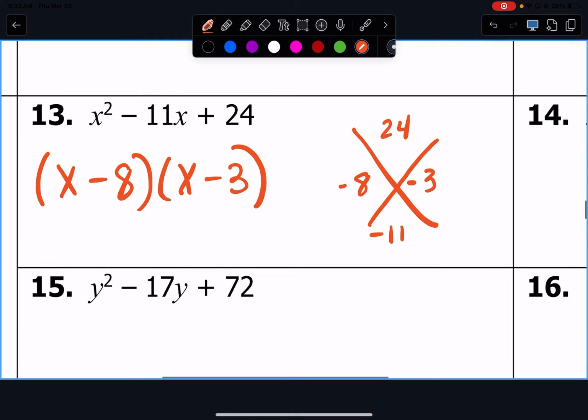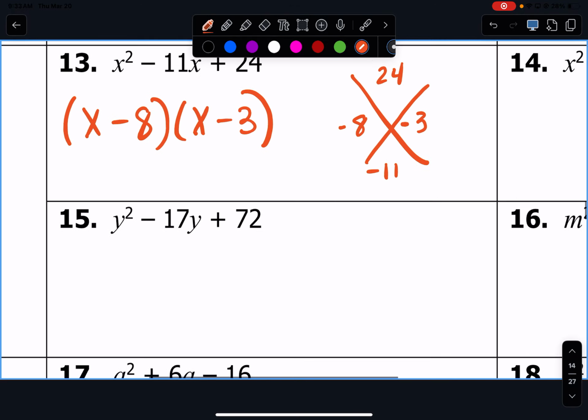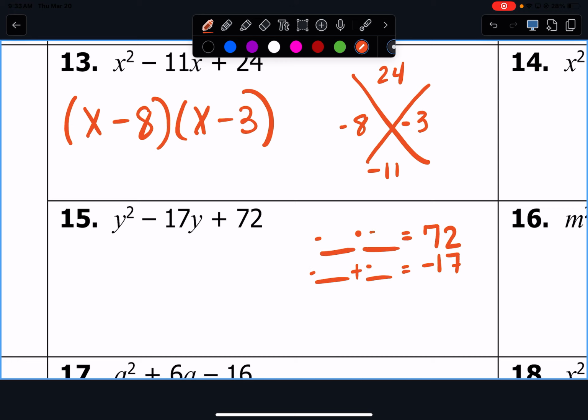All right, now we're going to do the same thing for number 15. I have to multiply to get what? And then I have to add to get negative 17. What is going to do that? It will be a double negative. Negative times a negative gives us a positive.